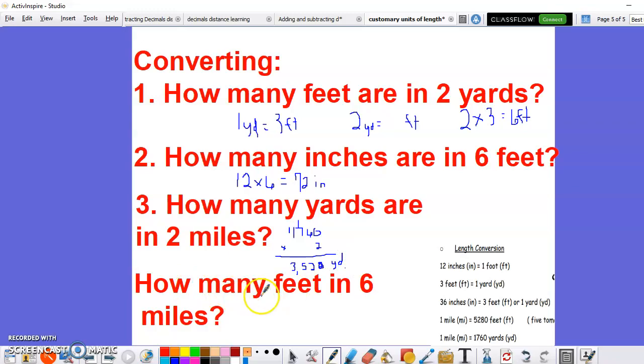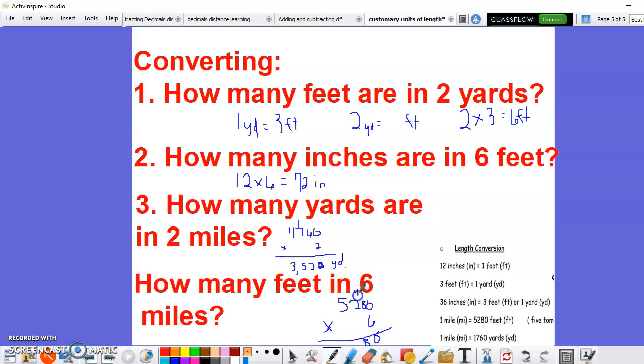And then our last question, how many feet in 6 miles? So we would do the same thing. For feet, there's 5,280 feet in 1 mile, and I have 6 miles. So I'm just going to multiply. 0 times 6 is 0. 8 times 6 is 48.